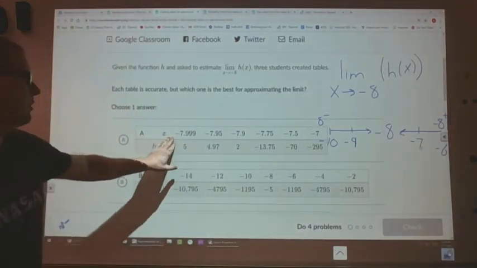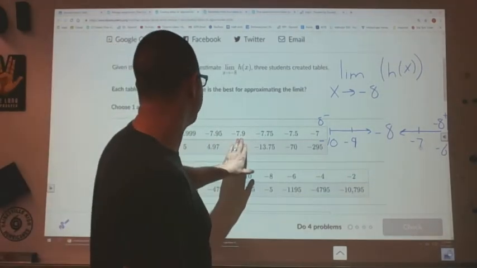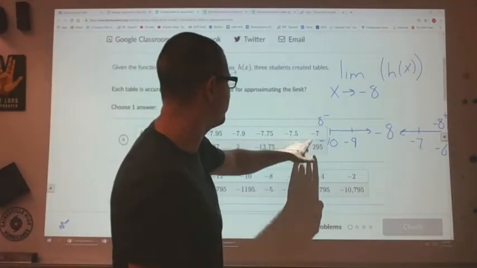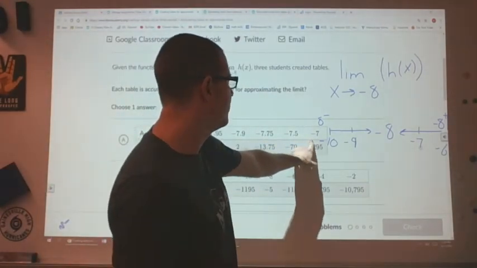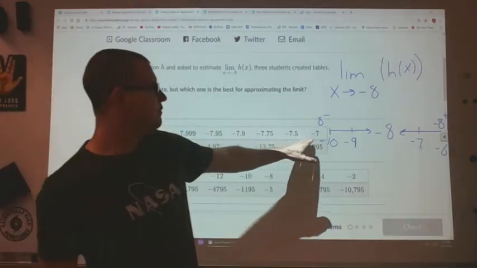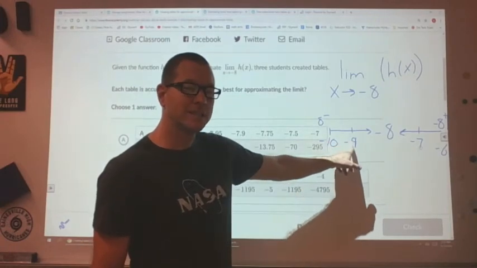If we look at this first one, -7.99, -7.95, -7.9, that's getting pretty good. But that's only one way. This is the limit as x approaches -8, but only from the right-hand side. I don't have any values from the left-hand side.